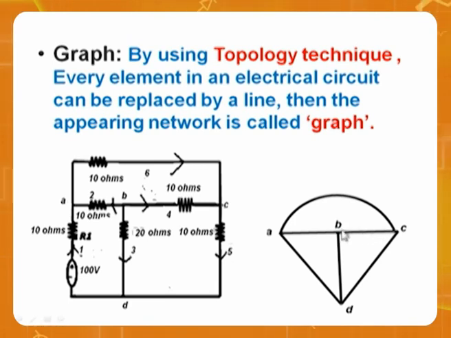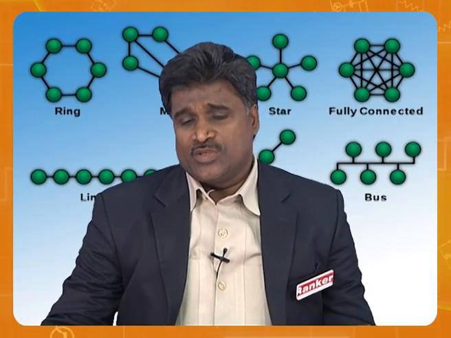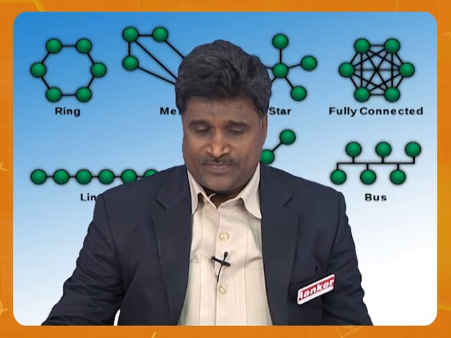Please look here, none of these graph elements signifies the element there. It's not saying what type of element is there or how much value is there. It is only showing there is a branch.